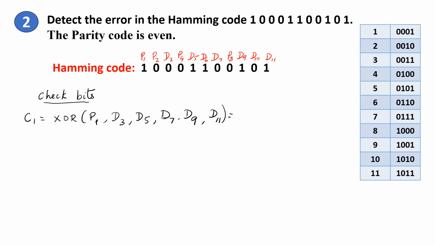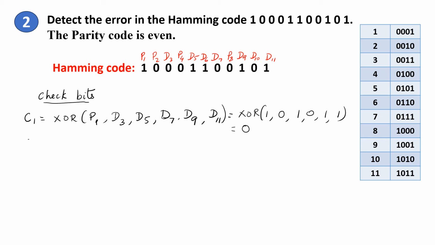So this is equal to XOR of P1 is 1 and D3 is 0, D5 is 1, D7 is 0, then D9 is 1, D11 is 1. So here even number of 1s, so the output is 0. So C1 is 0.